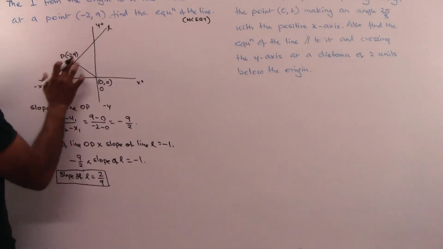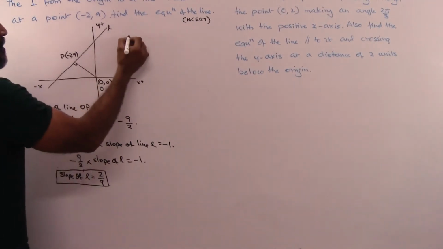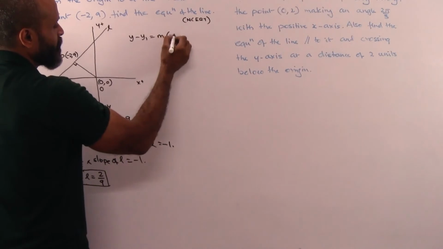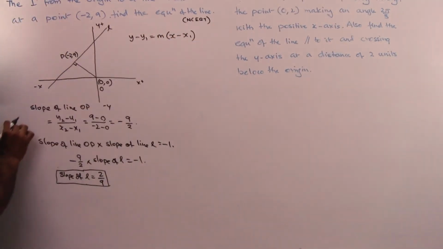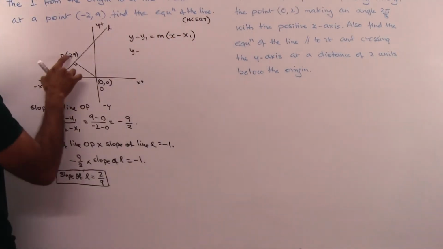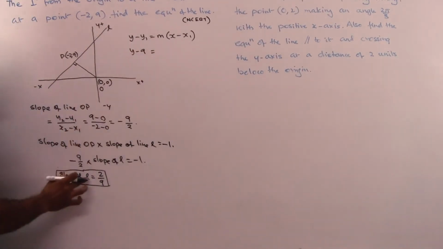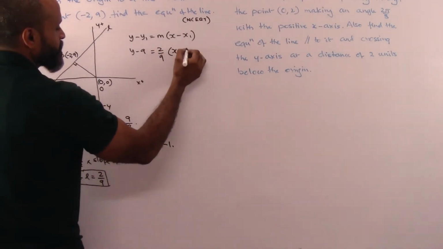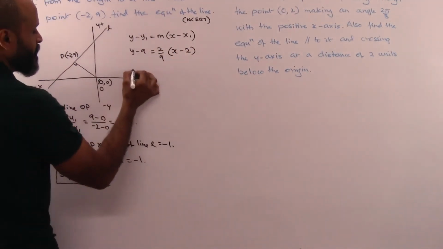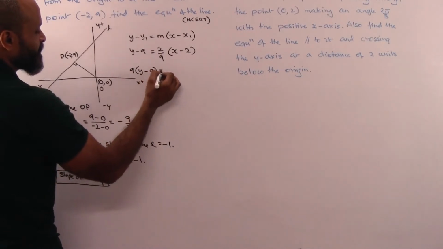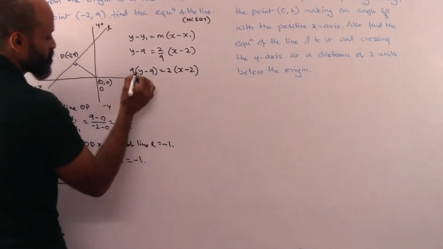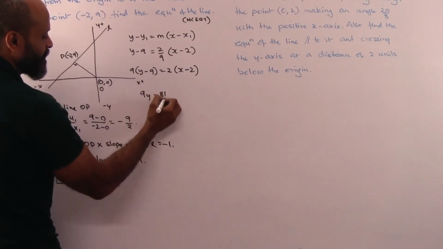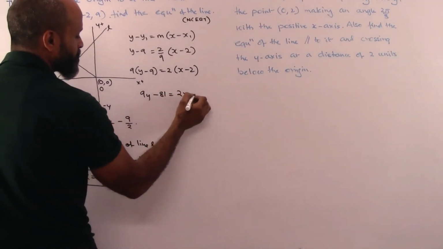Now how do we find the equation of the line? We have just seen that the slope point form of a line is y minus y1 is equal to m into x minus x1. So in this case y minus 9 is equal to m, that is 2 by 9, into x minus x1, that is minus 2. So here it will be 9 into y minus 9 is equal to 2 into x plus 2. Hmm, so this will be 9y minus 81 is equal to 2x minus 4.